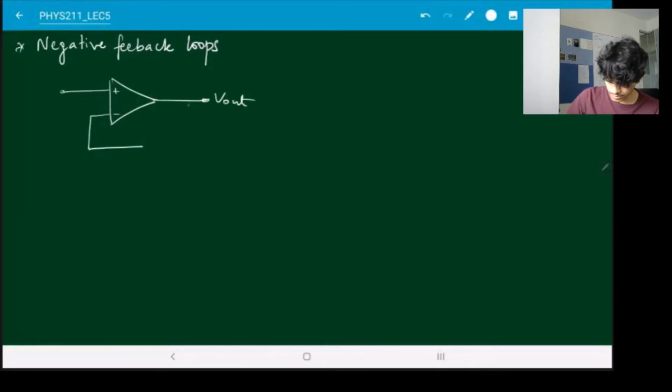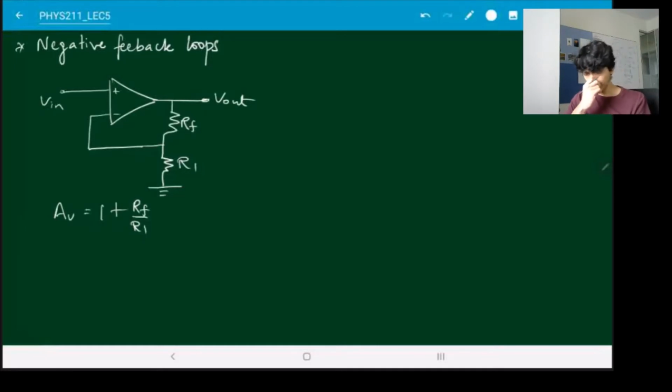So let's draw this circuit, which was for the non-inverting amplifier. And if you remember from the analysis which we had on the previous page, the voltage gain is 1 plus RF over R1. Anyway, what we are interested in this circuit right now is how much feedback is there. So what fraction of the output voltage is there at the inverting terminal? So how much feedback?